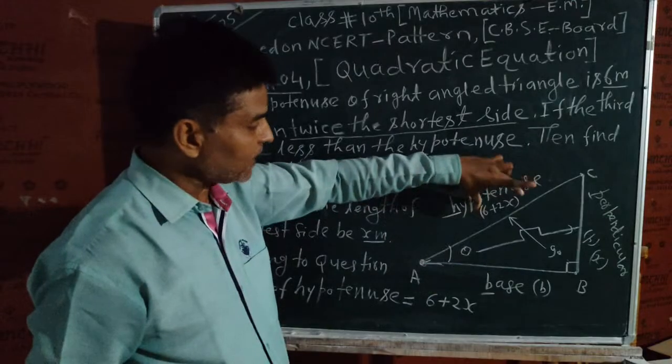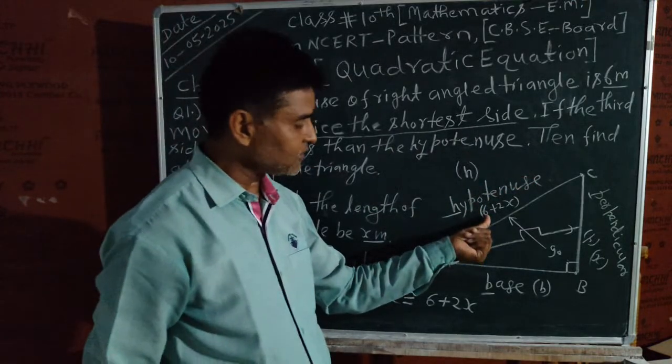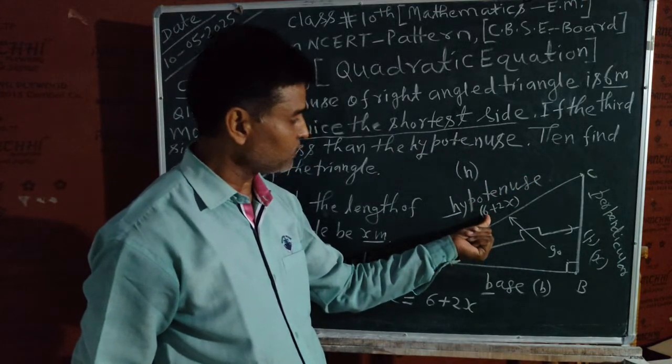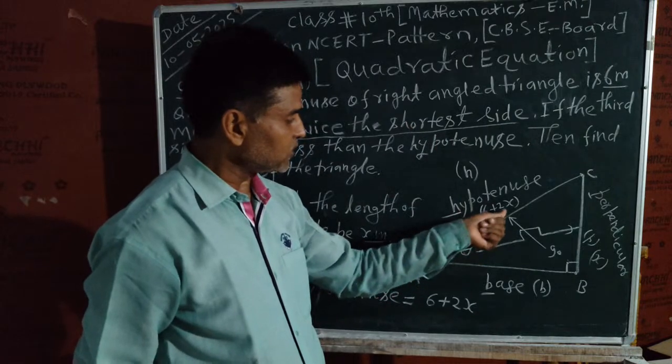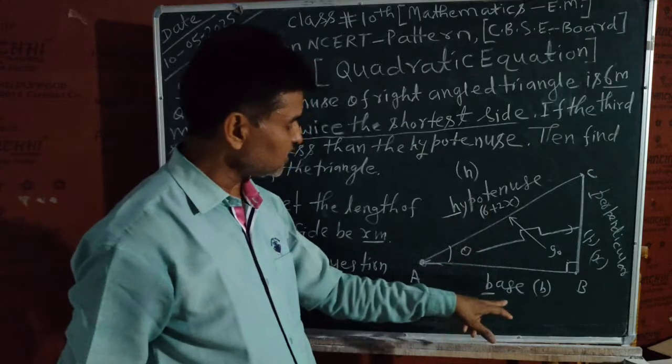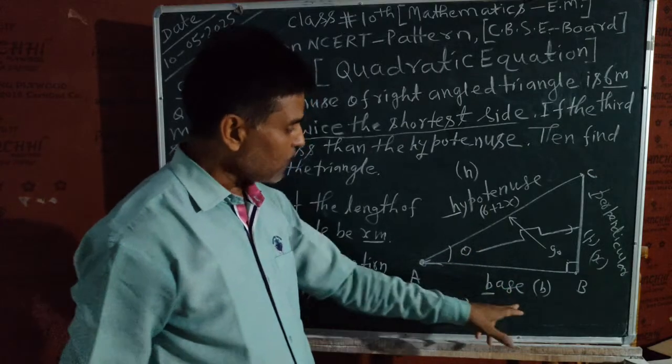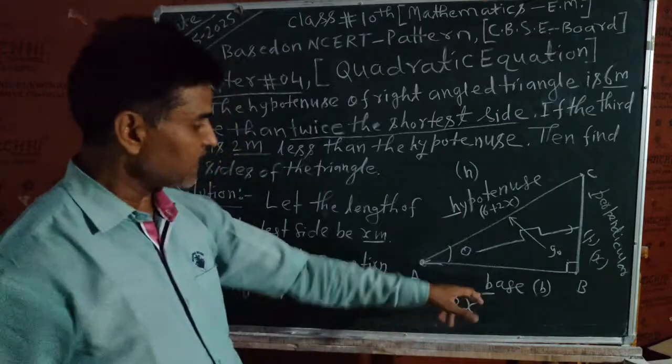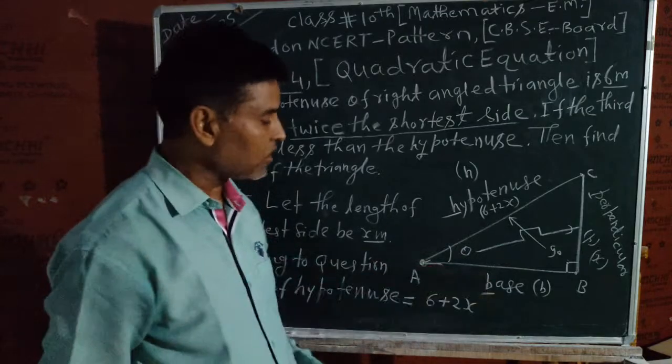So the length of the hypotenuse is given here, as per the information from the question, as 6 plus 2x, and from 6 plus 2x I will subtract 2, so I will get the length of the base, meaning the third side.